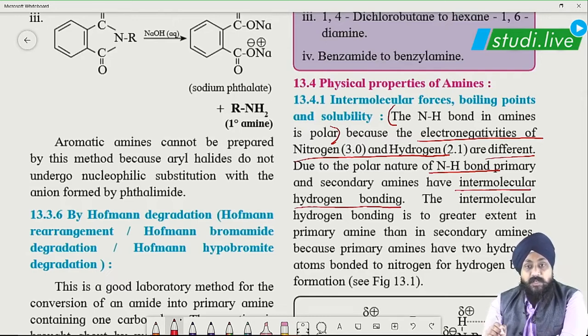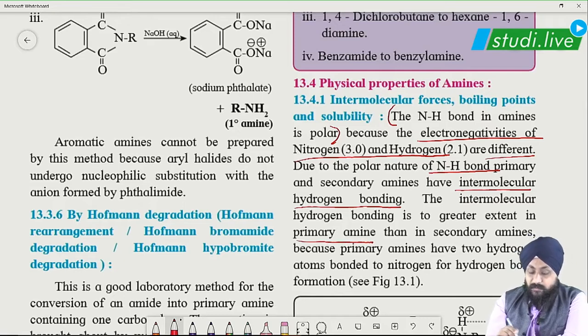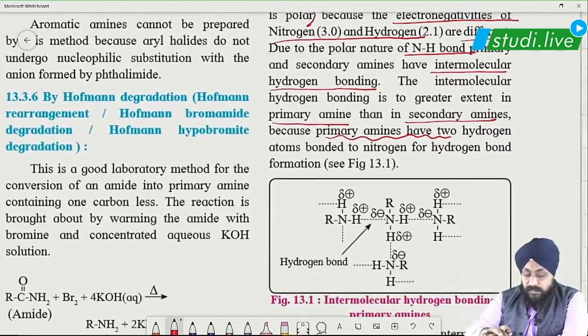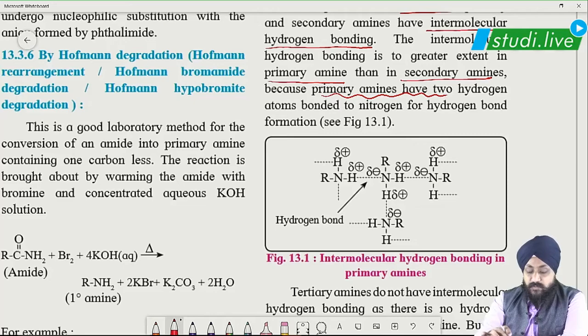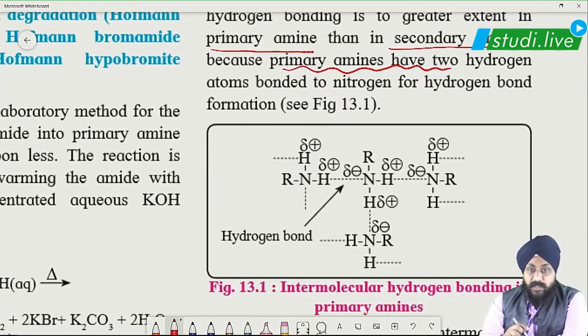This is to a greater extent in primary amine than secondary amine, because primary amine has two hydrogen atoms bonded to the nitrogen atom for hydrogen bonding, students. This is the hydrogen bonding which we have seen here.